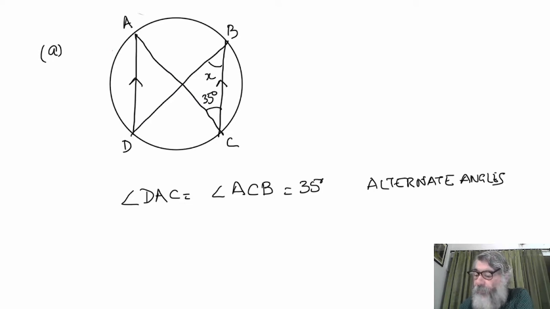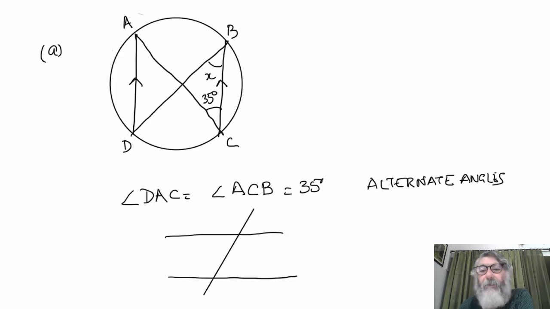Just to remind you, these are two parallel lines, and a third line cuts them. So what are alternate angles? This angle is alternate to what? Let me talk of the interior alternate angle.